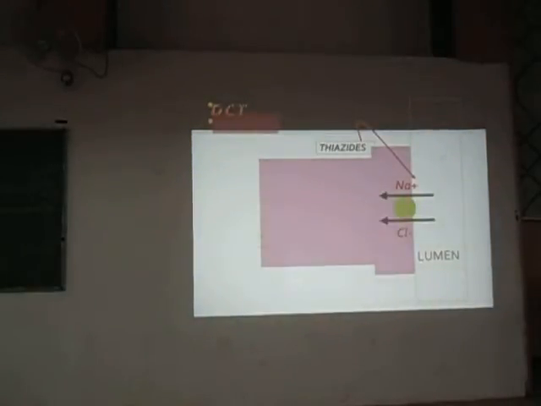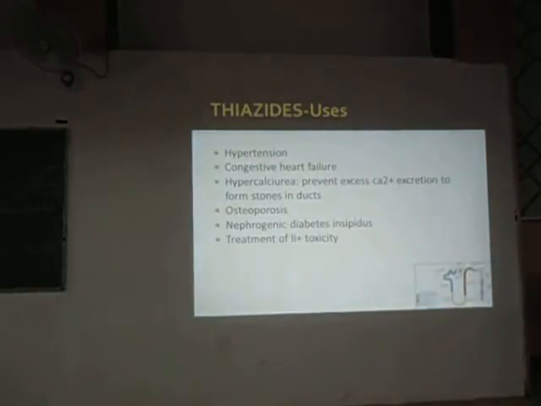Here is the luminal side, here is the basolateral side. Normally they both come in. Once they come in, we have the sodium-potassium ATP system, which is efficiently working. Sodium will be transported out, potassium will be taken into the cell. The chloride has its own channels at the basolateral side.